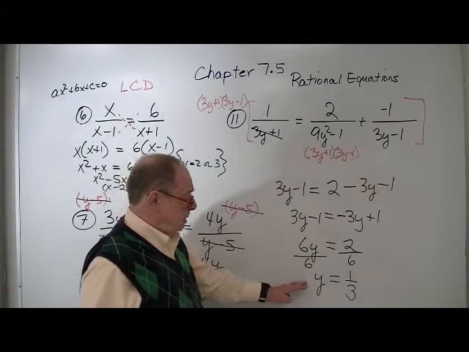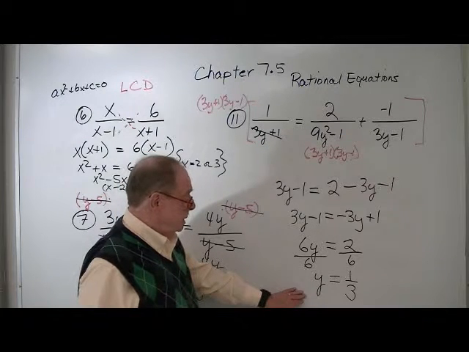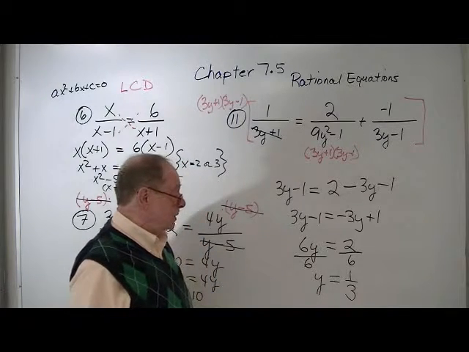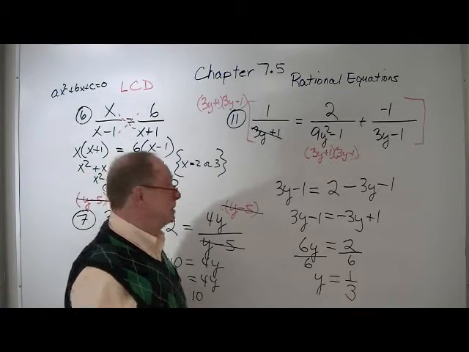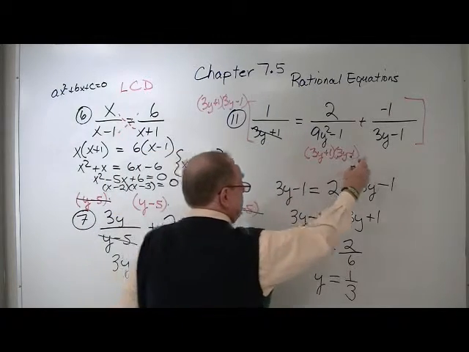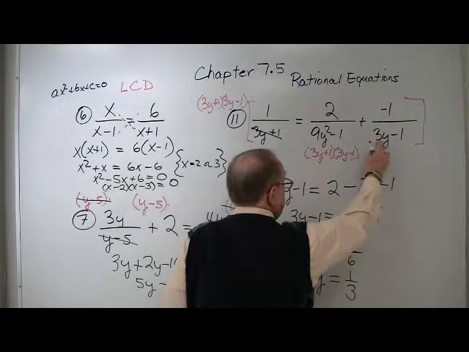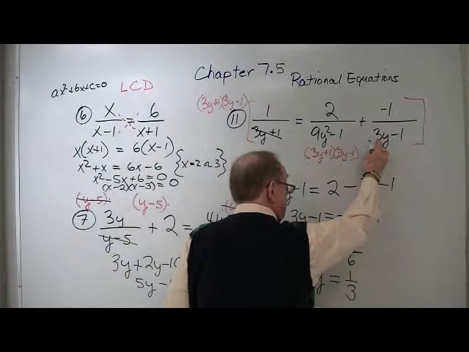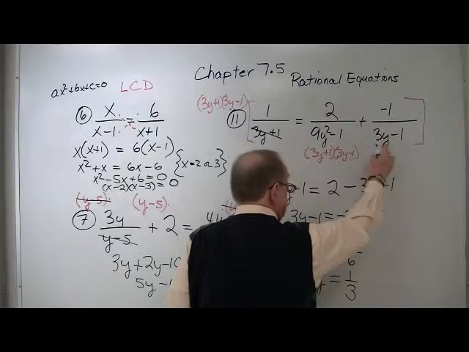When I worked on this one, all of the work is correct. The answer is y equals 1/3, but what I forgot to do is to check it. If I put 1/3 here, 3 times 1/3 is a positive 1.